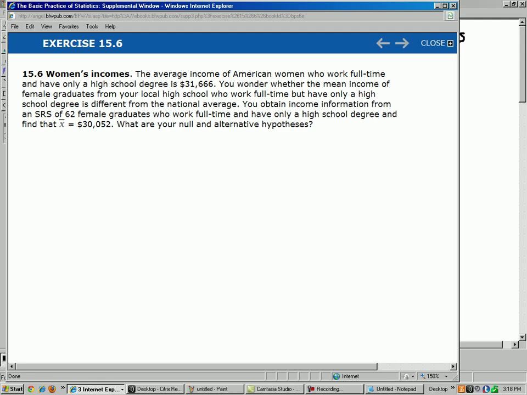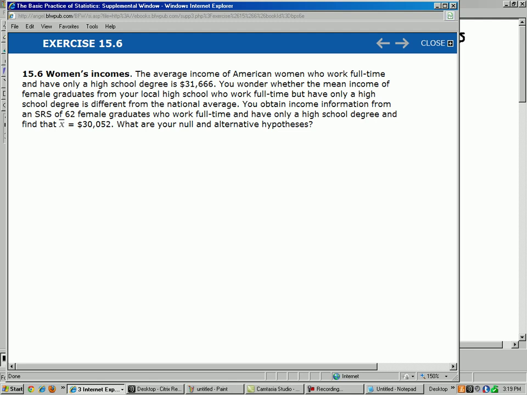All right, you wonder whether the mean income of female graduates from your local high school who work full-time but have only high school degree is different than the national average. You obtain information from a simple random sample of 62 female graduates who work full-time and have only high school degree and find that X bar equals 30,052. What are your null and alternate hypotheses?